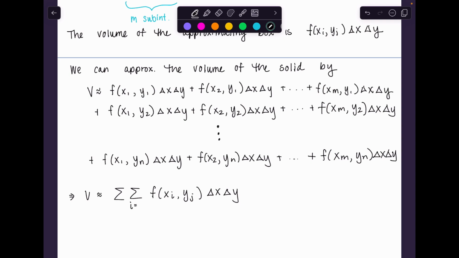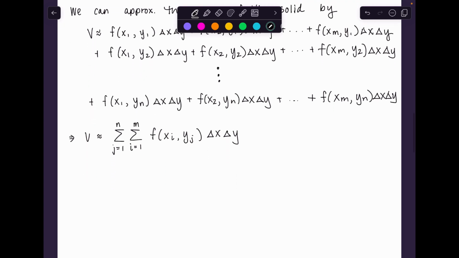My i is going to start at 1 and end at n because that's what x is changing through every single time. And then my j starts at 1 and goes to n. So the j subscript varies between 1 and n. Okay? So you had a single Riemann sum back in Calculus 1, but now to find a volume, we have a double Riemann sum.